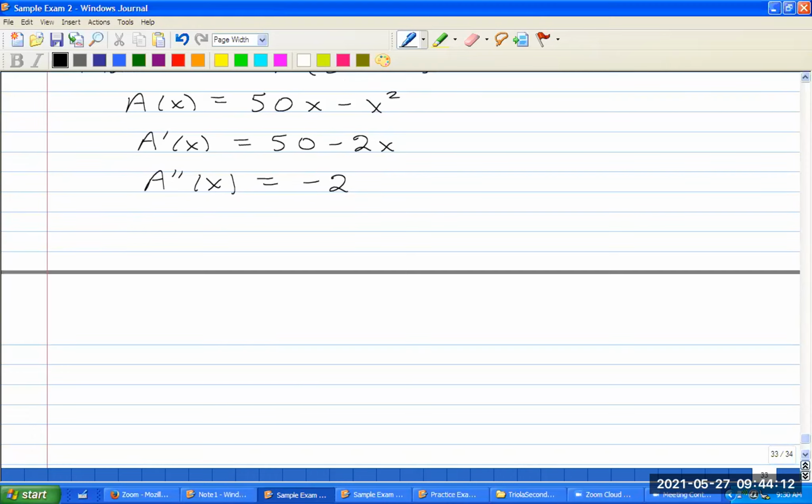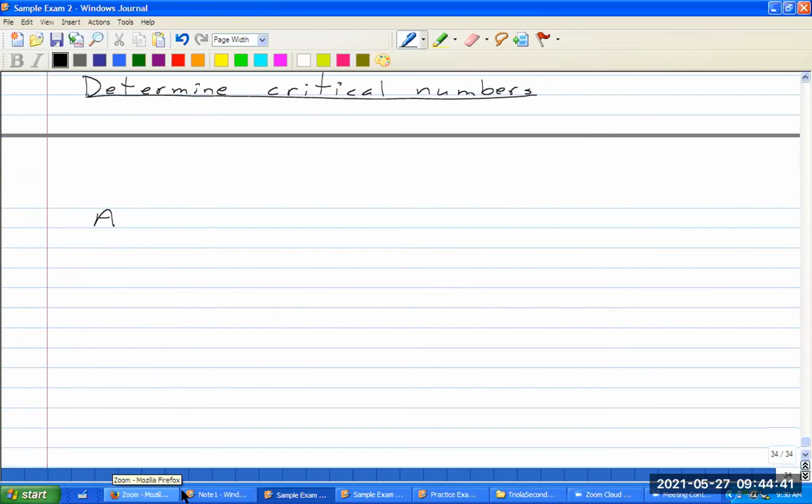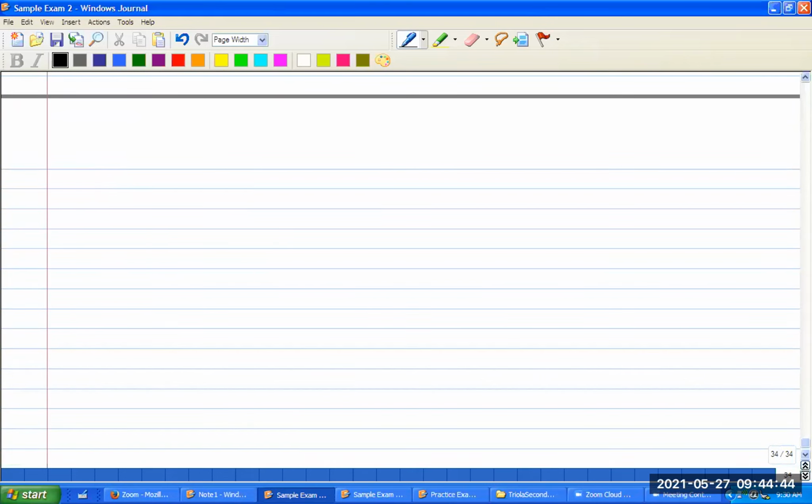Let's determine the critical numbers. I want to find where the first derivative is 0, or where the first derivative doesn't exist.